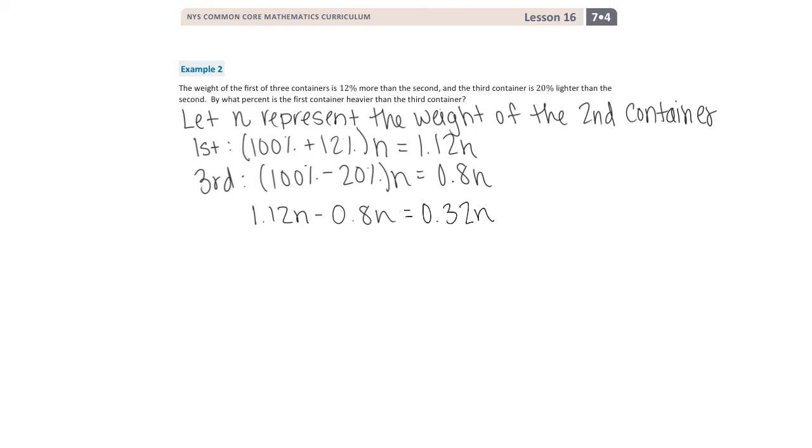Now that we know that, we can go ahead and use our favorite formula, quantity equals percent times whole. And what our quantity is going to be is 0.32 N. And what our whole is going to be is the third container, which is 0.8 N. So let's go ahead and set that up as an equation.